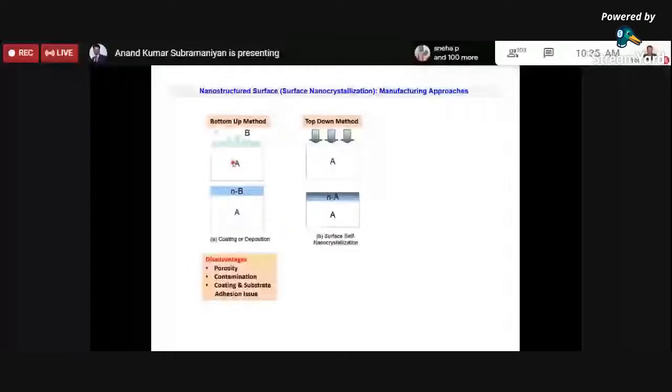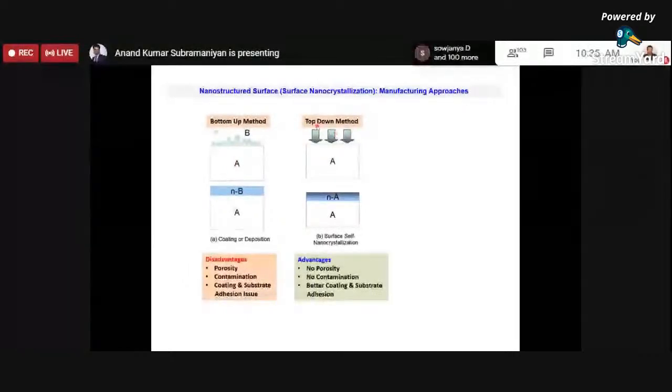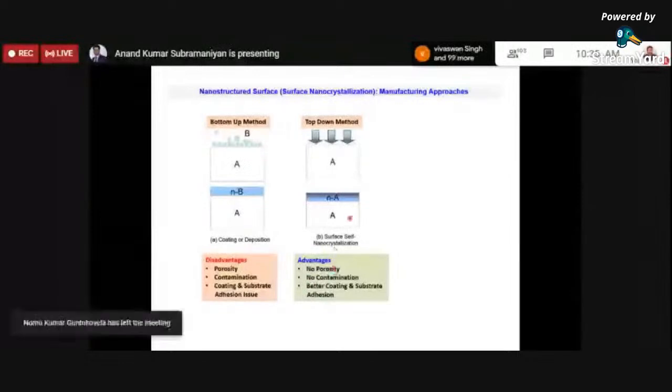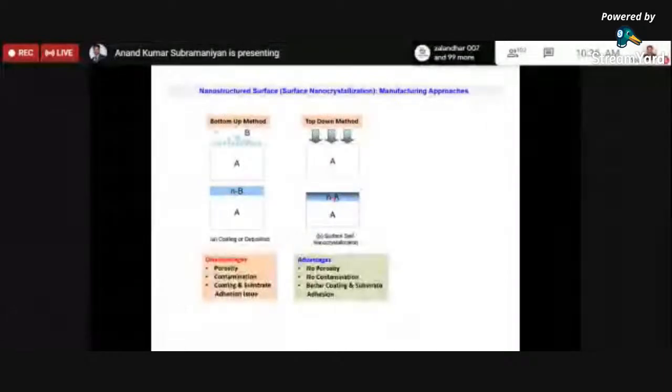However, when we look at the top-down method approach, all these disadvantages from the bottom-up method can be overcome. For example, there won't be any issue of porosity because we are not depositing any foreign material, and there won't be any contamination issue, for the same reason: there is no deposition of foreign materials.